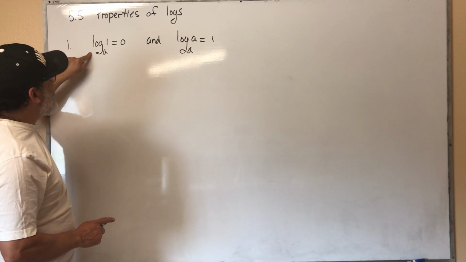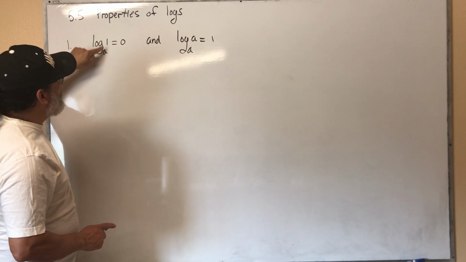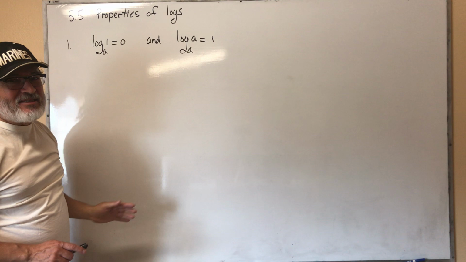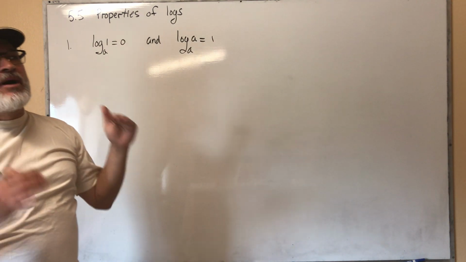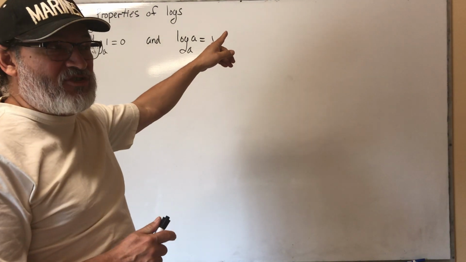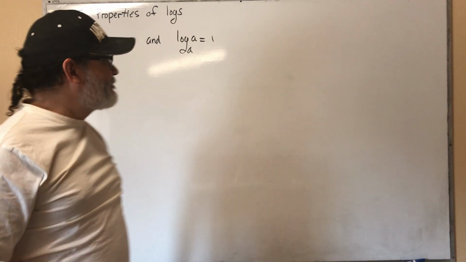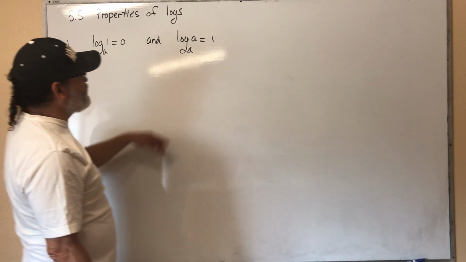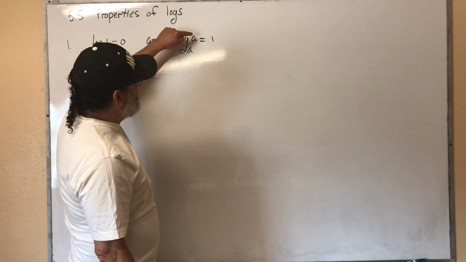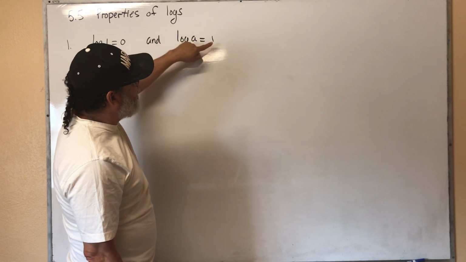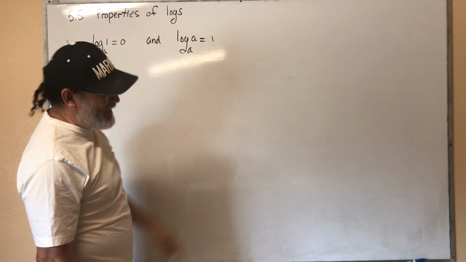The log base A of 1 is 0, no matter what the base is, of course, the base must always satisfy the definition that we gave earlier. When the base and the argument are the same, the answer is always 1.